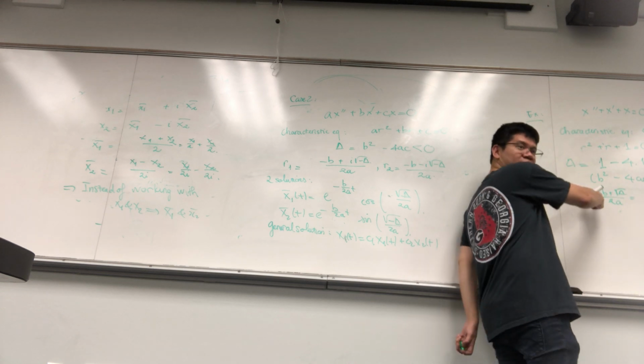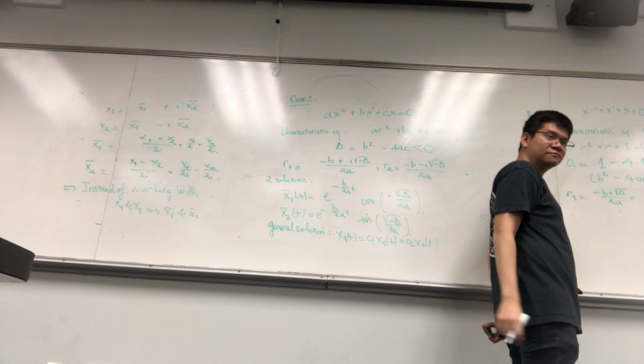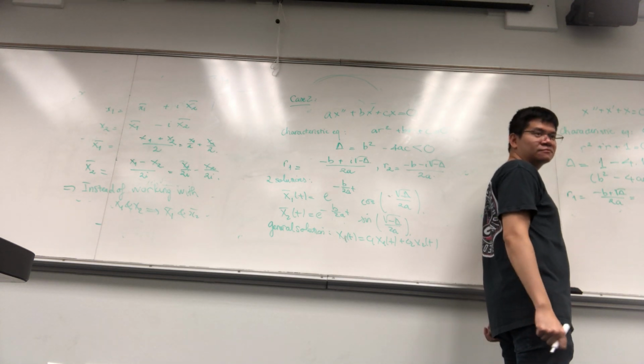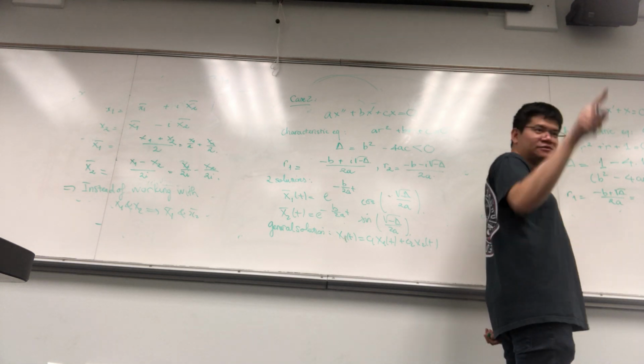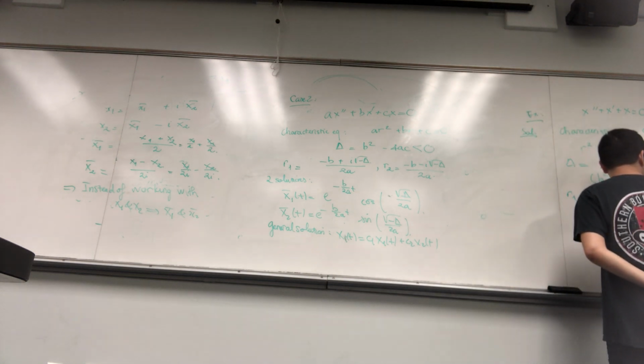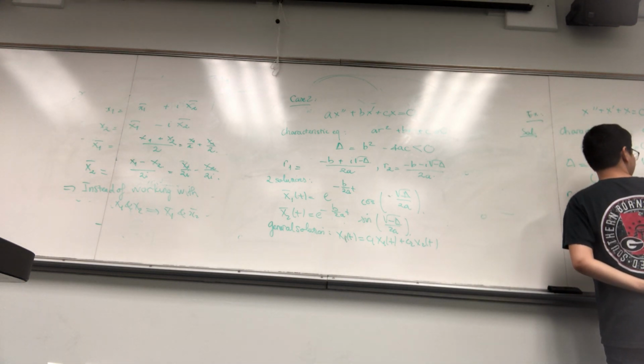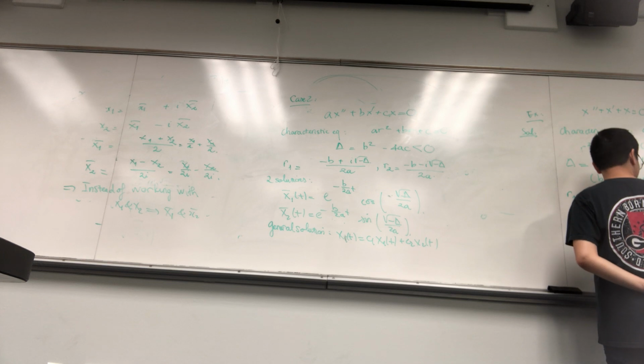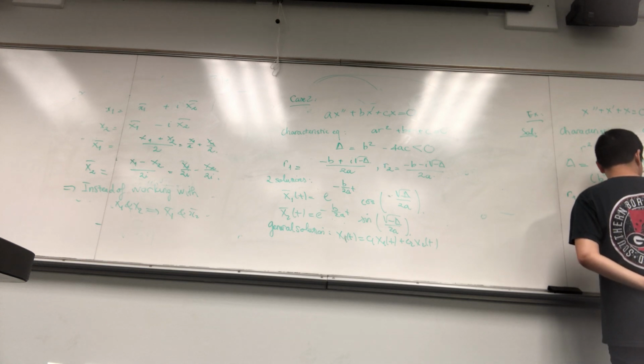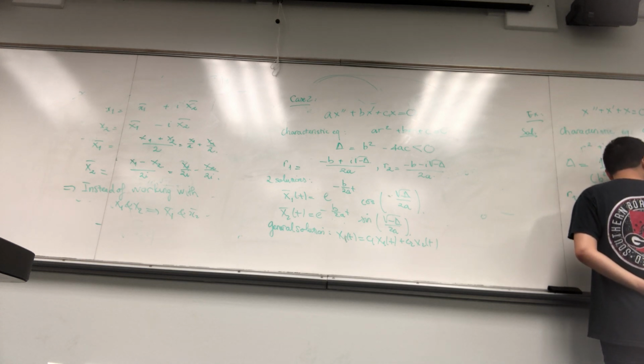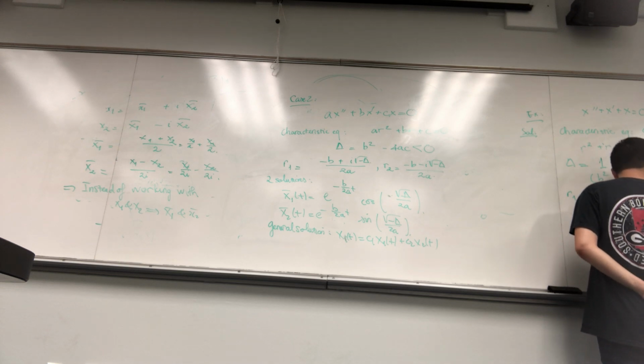So in this case, b is 1. Negative 1 plus square root of negative 3 all over 2. So this is minus 1 plus the square root of minus 3 over 2. So this is minus 1 plus i square root of 3 over 2.